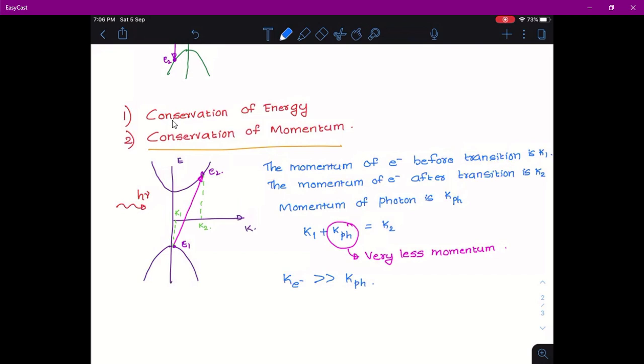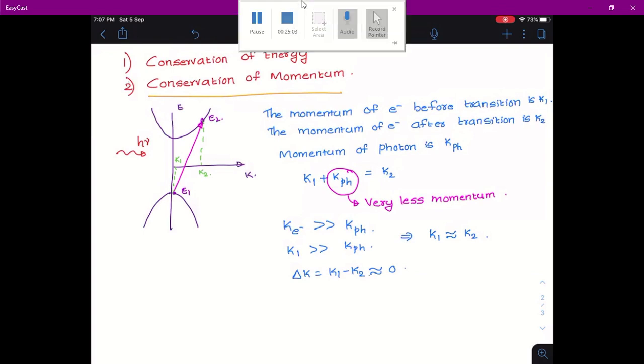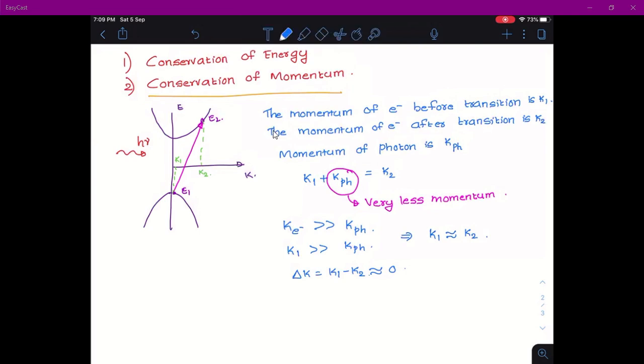But I can say in this context our K1 is much greater than kph, which means K1 is approximately equal to K2. Or if I define delta K equal to K1 minus K2, this is approximately equal to 0. So this means the momentum is conserved.